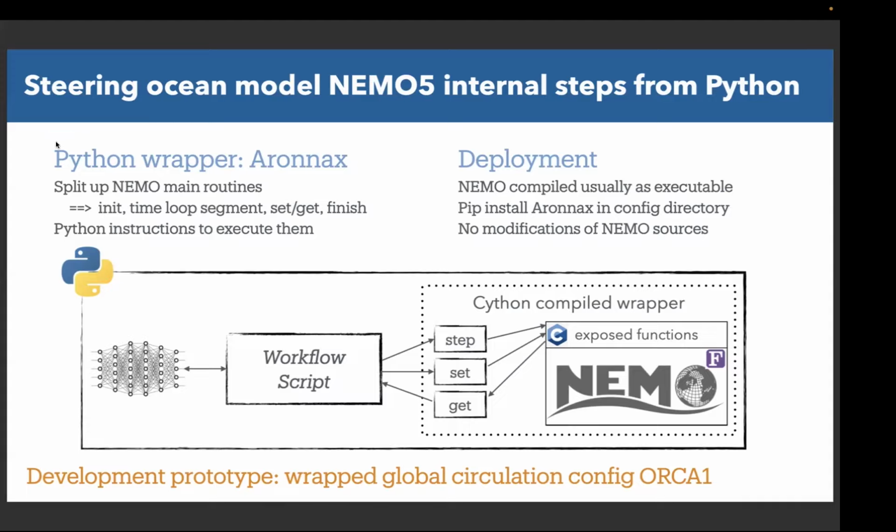For now, the NEMO main routines that have been split up are the initialization phase, the time iteration, the finish phase, and the possibility to get a copy of the internal state of NEMO toward the Python memory and to import fields from another process from the Python memory to the NEMO memory. The idea is to expose those functions to the C language and to wrap them into Python with a Cython layer to be available from the Python language.